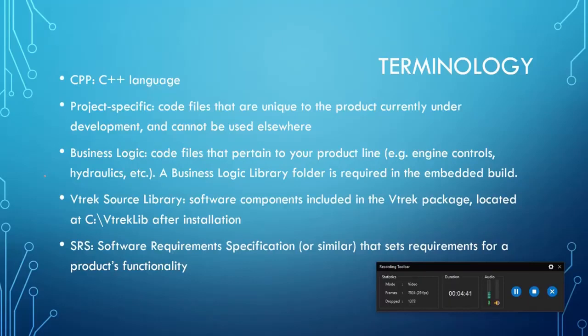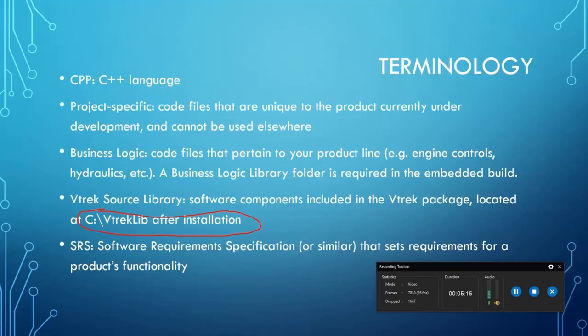And so you could create a closed loop force valve feature or control that's configurable, and then reuse that same control for every force valve that you use in future projects or generations. The Vtrek source library is the library of components that's included in the Vtrek package, and those, as we saw in Chapter A, are located at this path after you've done your installation.